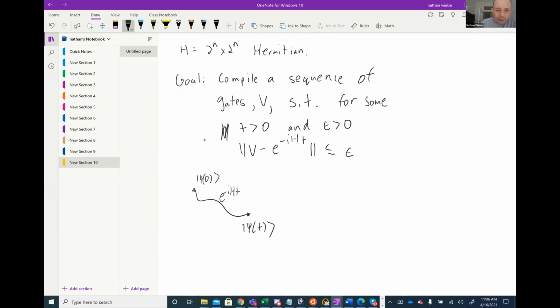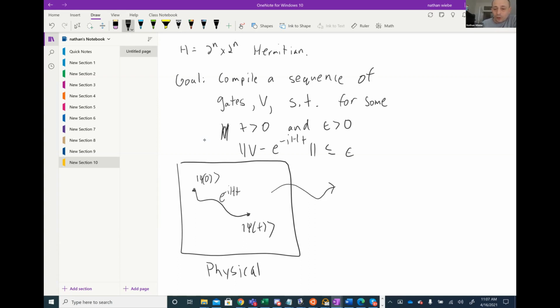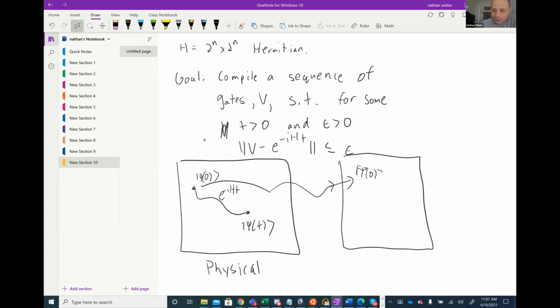What we actually want to do is consider a physical world where the time evolution looks like this, and map it over to the world of the quantum computer, where we begin with a state psi of 0.